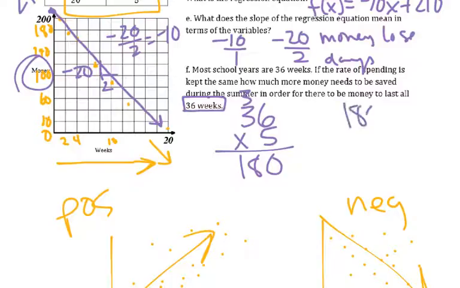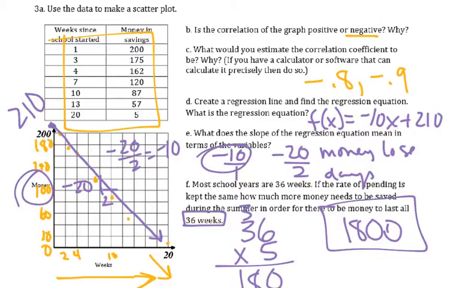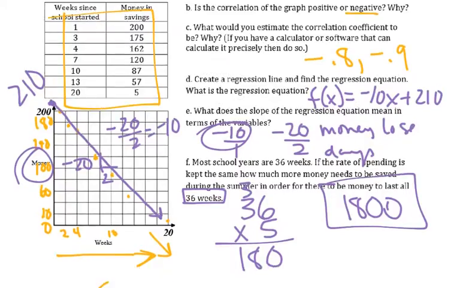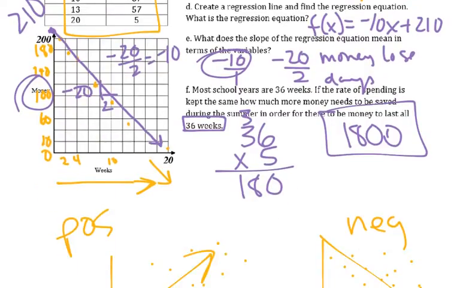That's 180 days. So if we're spending $10 a day, times it by 10, and you're saying you need to save up $1,800. That's pretty spendy, but there you go.